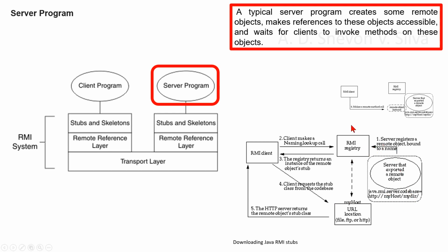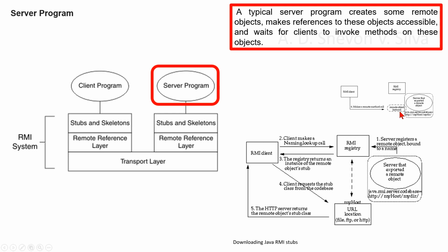Step 6, now the client has all the information that it needs to invoke remote methods on the remote object. The stub instance acts as a proxy to the remote object that exists on the server.